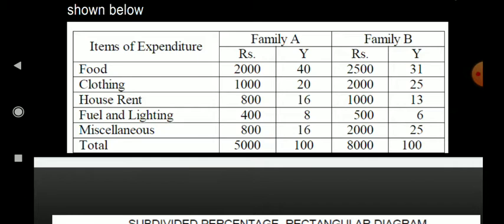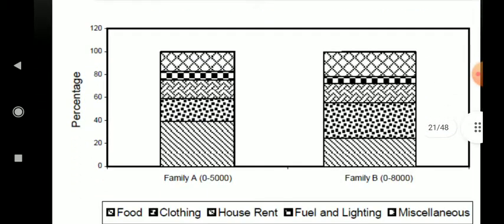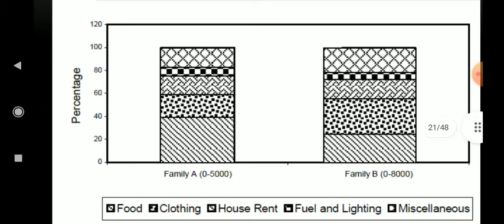These percentages need to be plotted on graph paper and you will get a diagram like this. Legends have to be shown. This type of thing we have already done in the percentage subdivided bar diagram, so it is similar, which is why I have not explained much. You can see my previous video lecture for the percentage subdivided bar diagram.